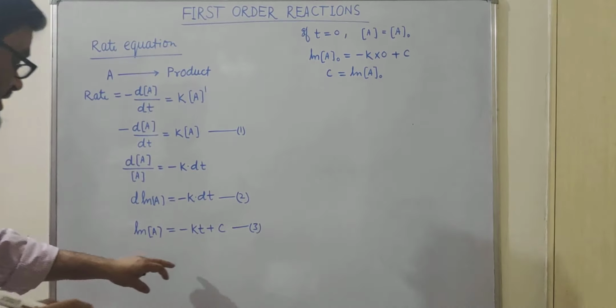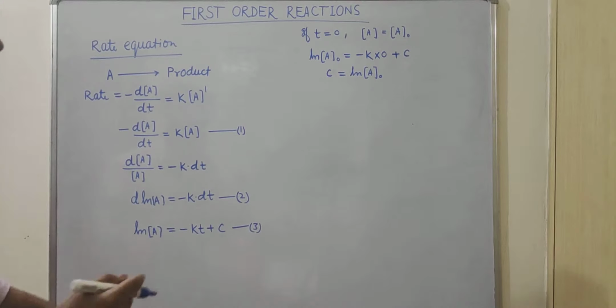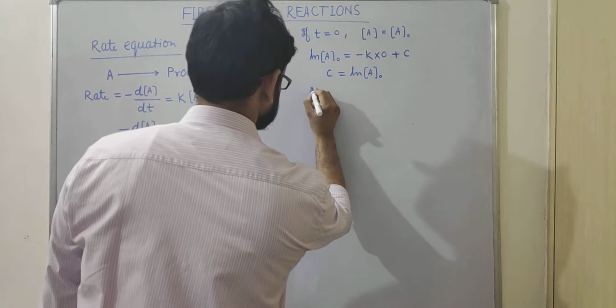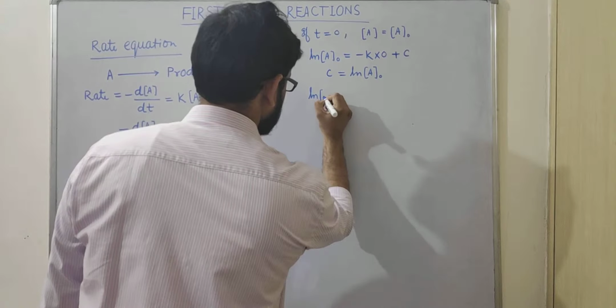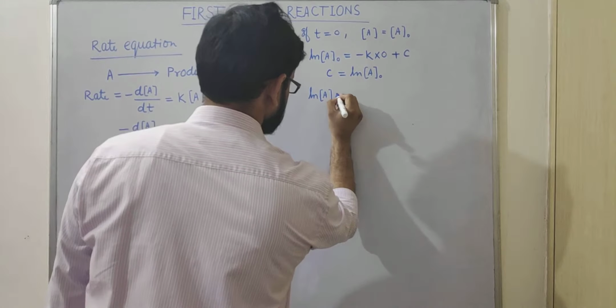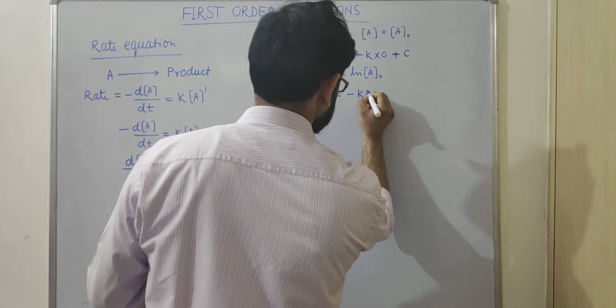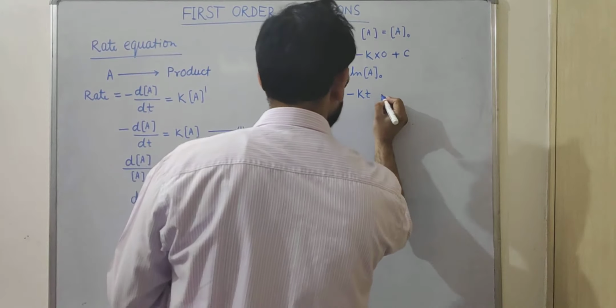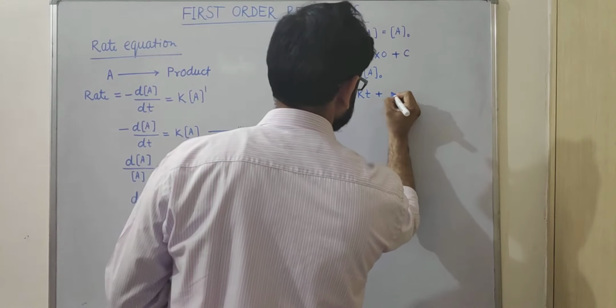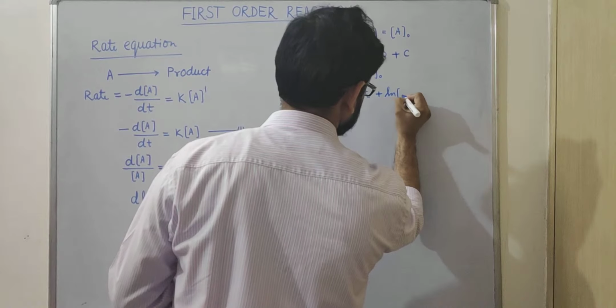If we put the value of C in equation number 3, we will get ln A is equal to minus kt plus ln A0.